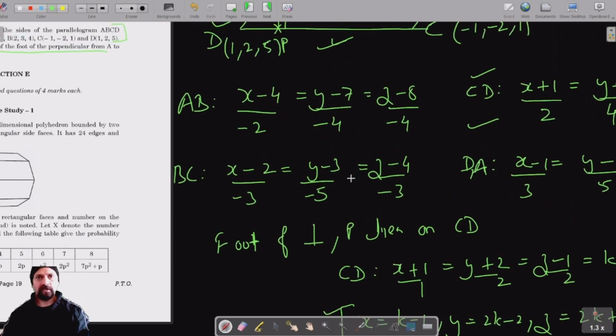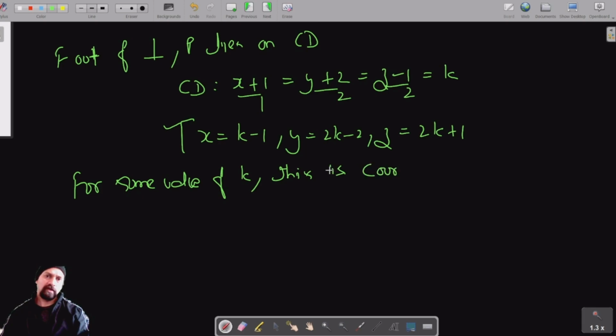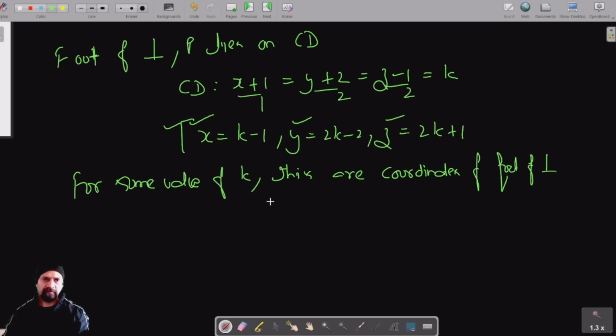For some value of k, these are the coordinates of the foot of the perpendicular.